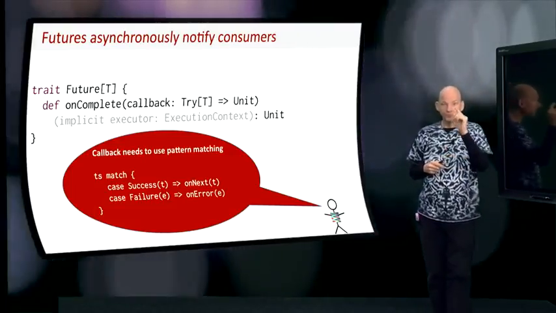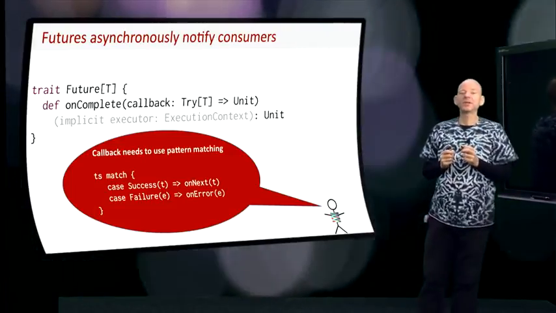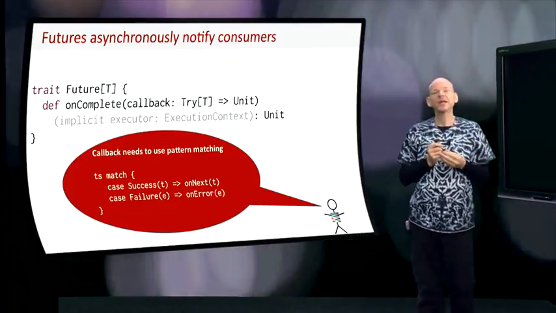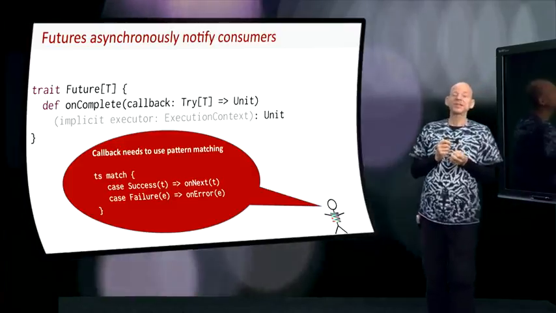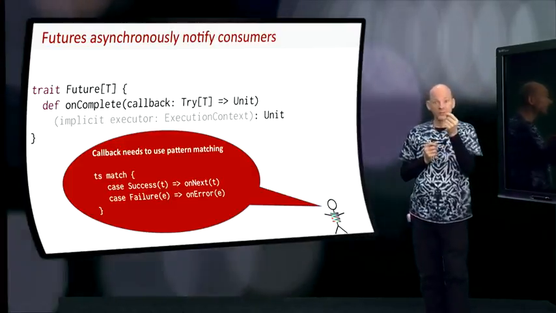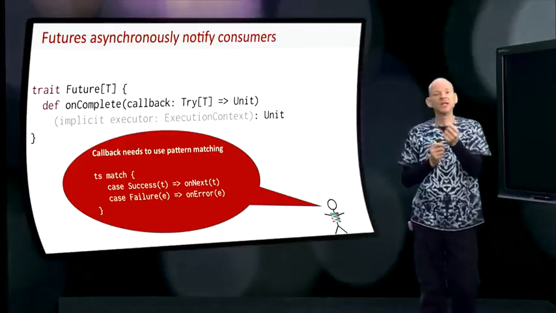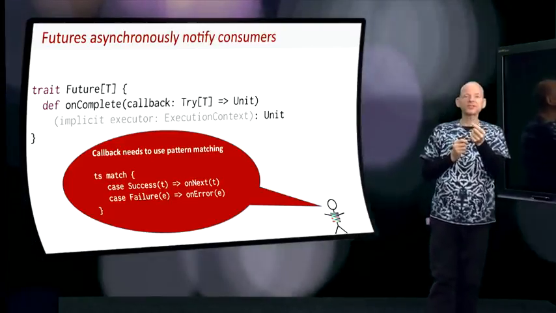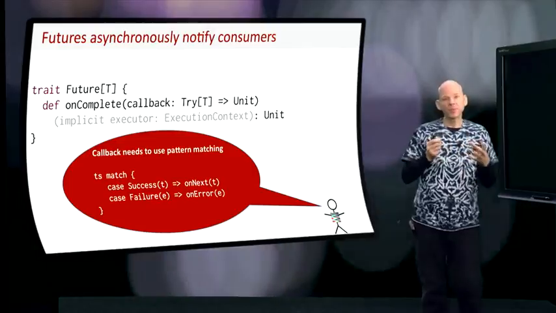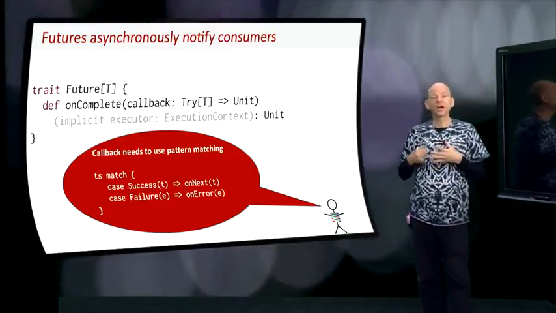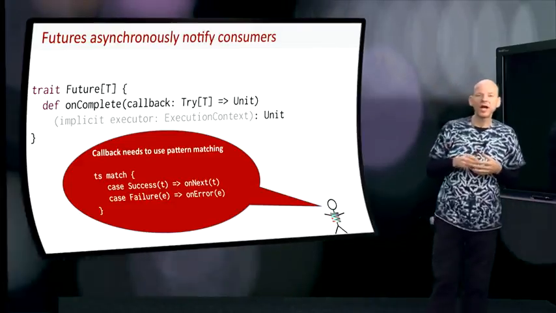Now here's a little bit of a design question. Once you have a function that takes a callback of that form, a callback that has type Try of T to Unit, it means that function internally will probably do pattern matching, or use some of the combinators, the higher-order functions defined on Try.